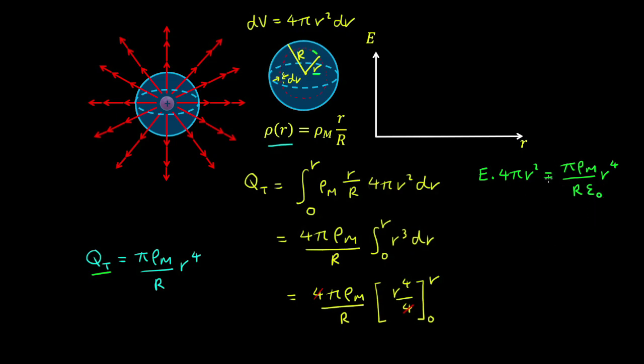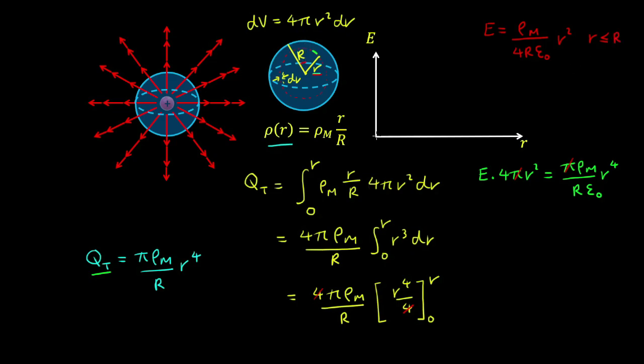So that's Gauss's law. And now if we cancel pi and divide through by 4r squared, we obtain electric field being equal to rho m on 4r epsilon naught by r squared. So this is where r is less than or equal to the radius of the sphere.